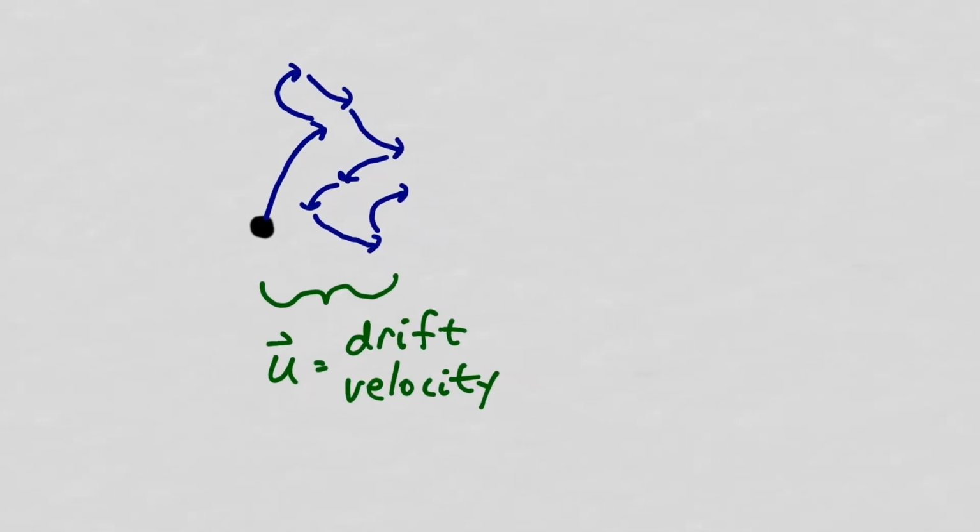So slowly the electron will drift to the right. If you take the distance the electron has moved over some time and divide them, you get what we call the drift velocity of the electron. The drift velocity is just charged particle motion in response to an electric field.